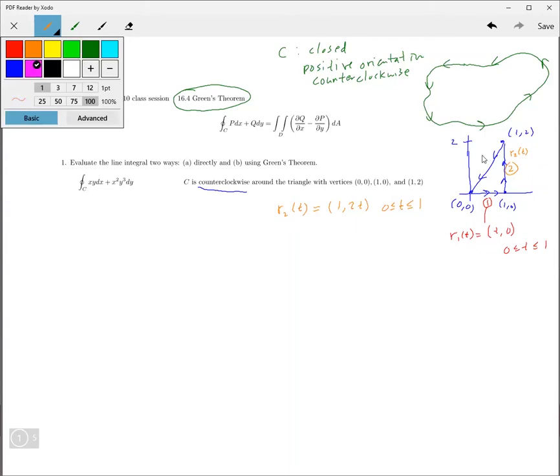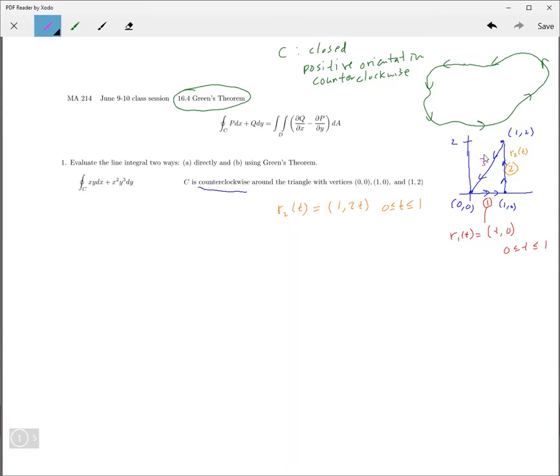And then this third one, for that one I have 1 minus t, 2 minus 2t. In general, that's just basically applying this right here.